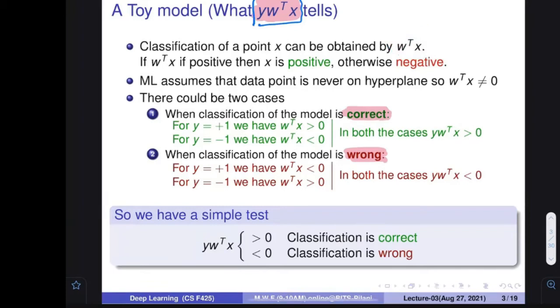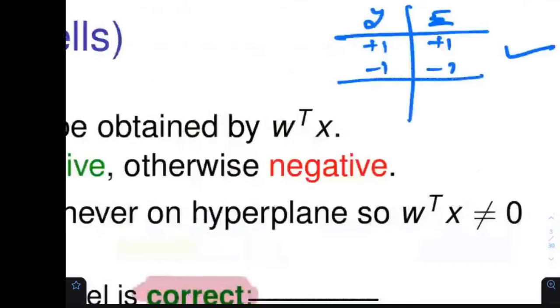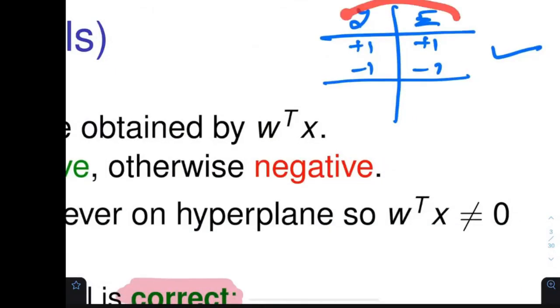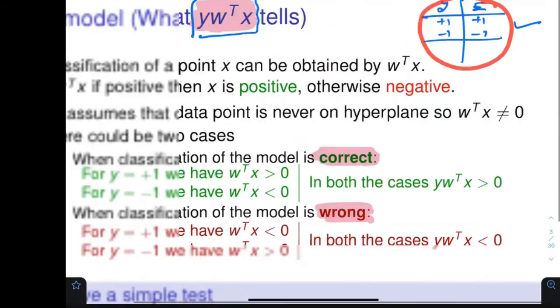Let me do this in this way. The item could be positive or negative. When the things are correct, then my model also gives me positive or negative, the same thing.